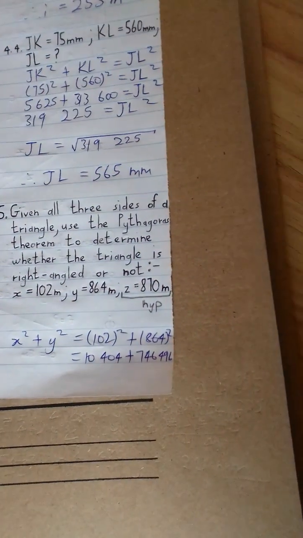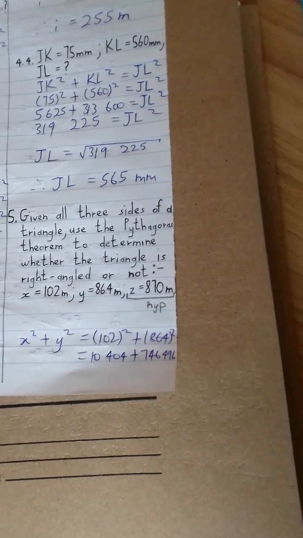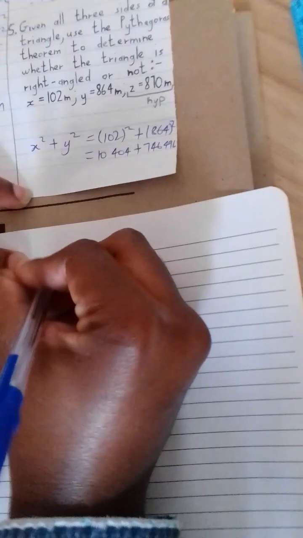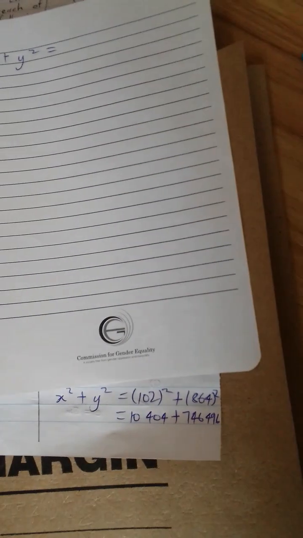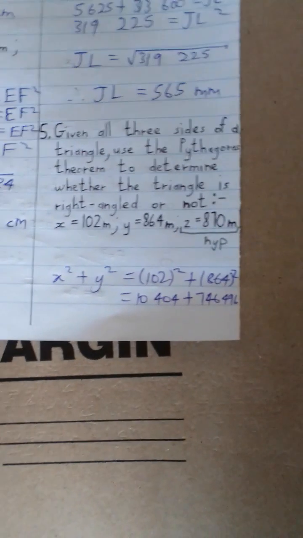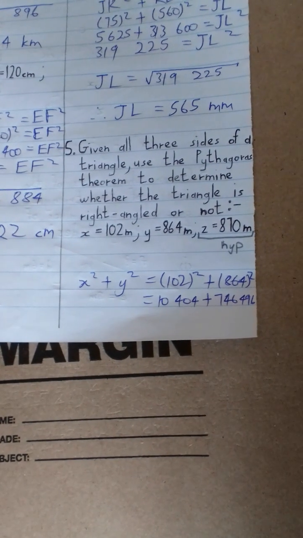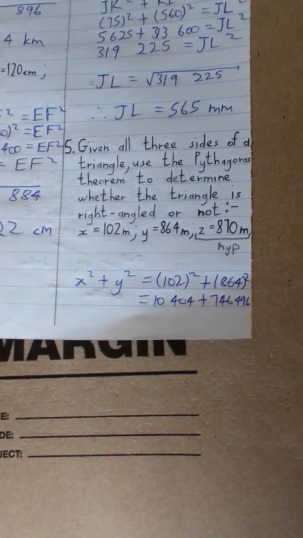Okay, I ran out of space, so I'm just going to use this. So x squared plus y squared is equal to 756,900.